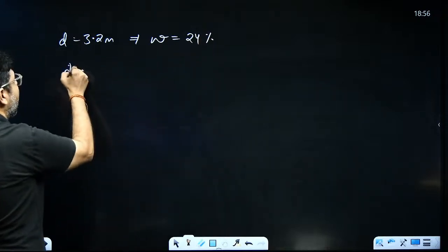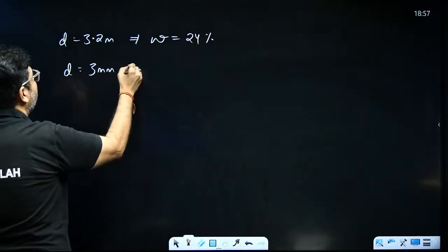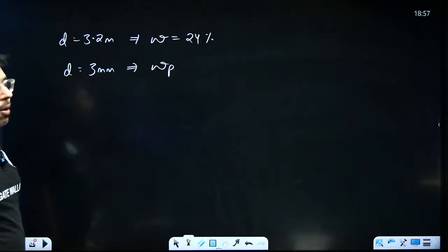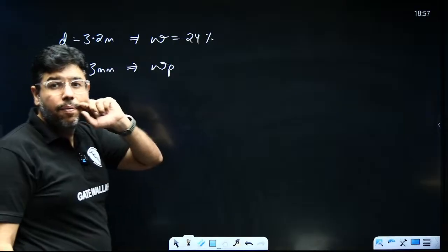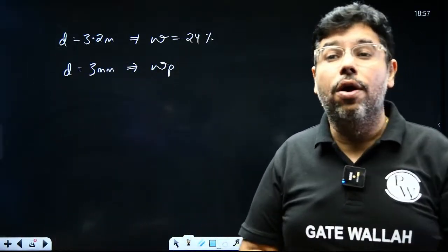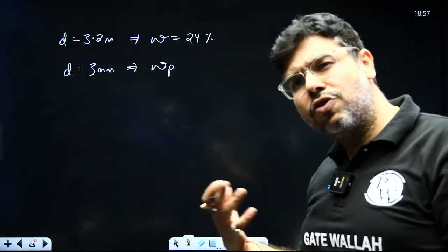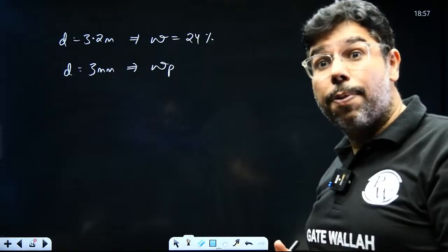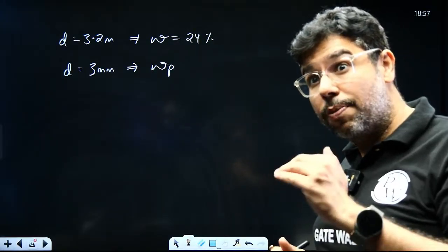Now, try to think about what I have said. For dia equal to 3 mm when the crumbling starts, your water content is the plastic limit. But at this water content, you are not able to roll the thread into a dia of 3 mm. It starts to crumble at 3.2 mm dia only. Means your plastic limit should be greater than this.